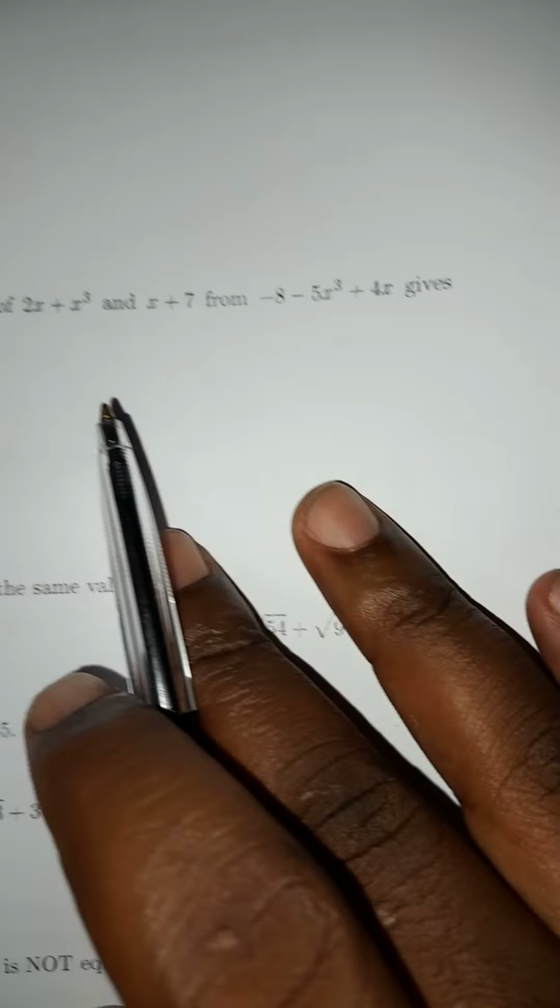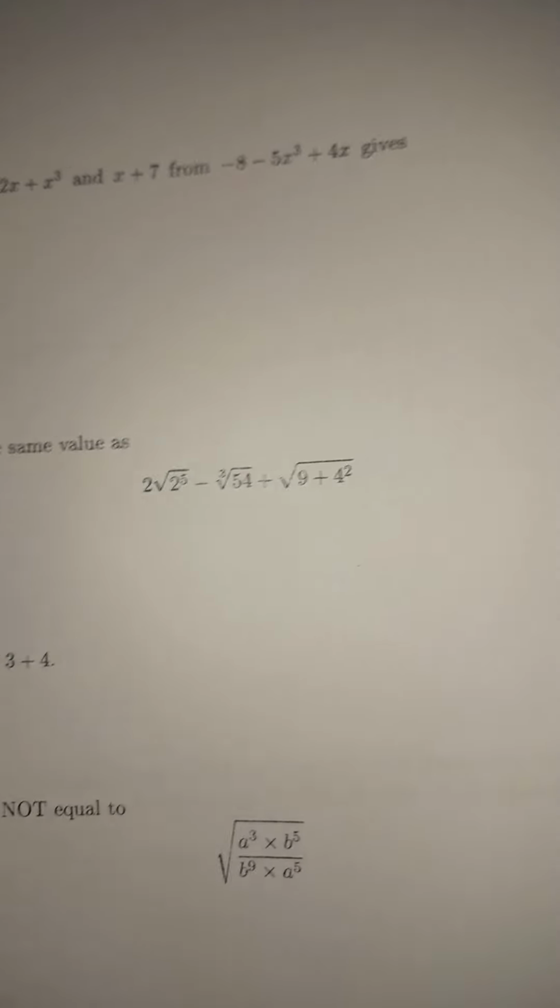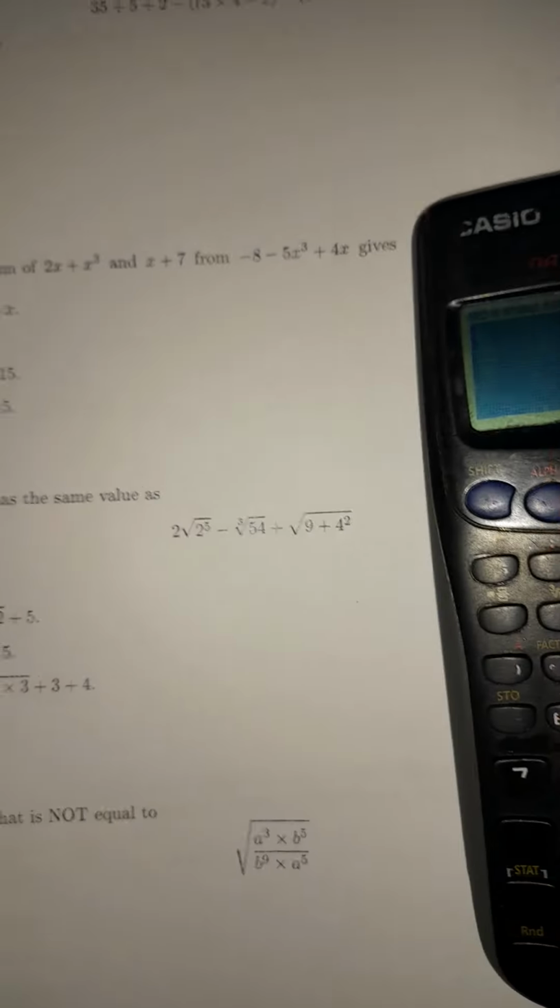At question 3, we are told that the option has the same value. We need the option that has the same value as this expression. Let's try the first one.